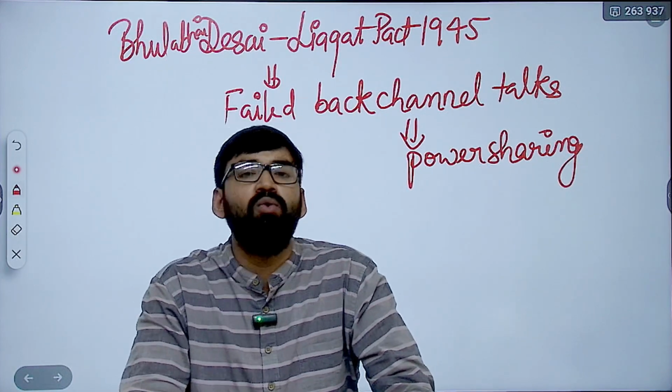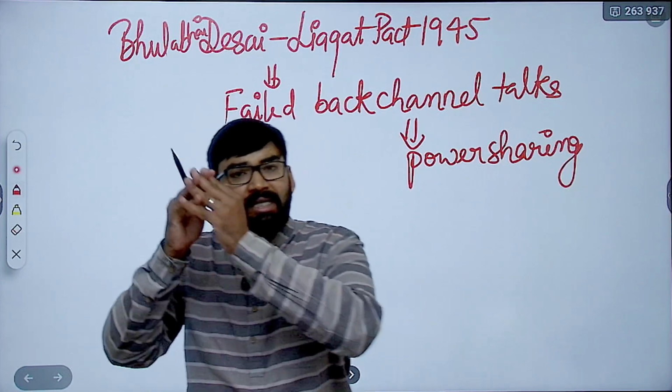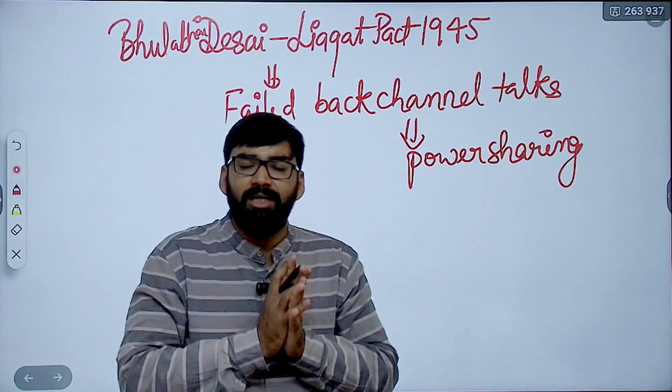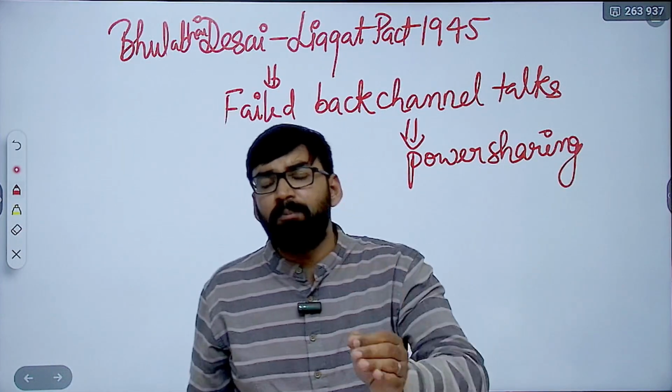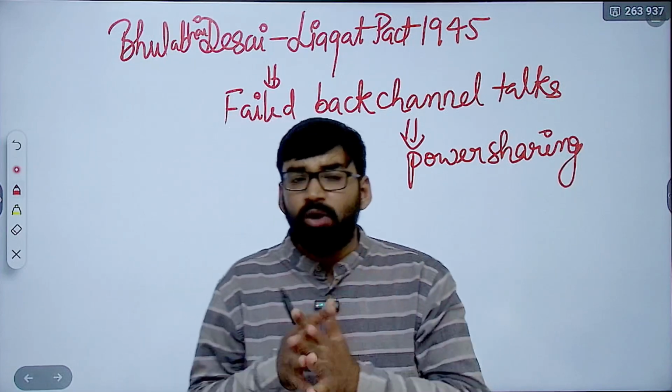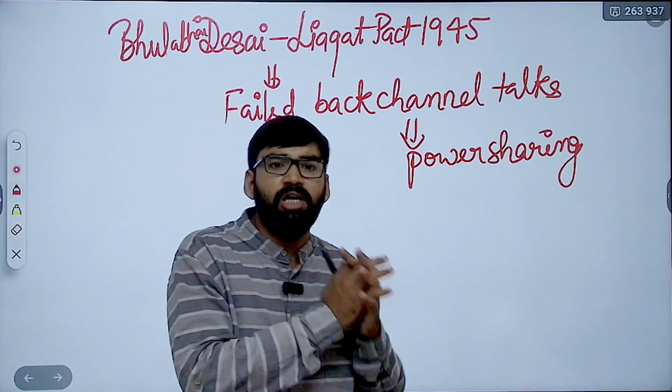Bhulabhai Desai was a senior Congress leader, head of the Congress party in the Central Legislative Assembly. Second, Liaquat Ali Khan was the top Muslim League leader, who was also a close aide of Muhammad Ali Jinnah.